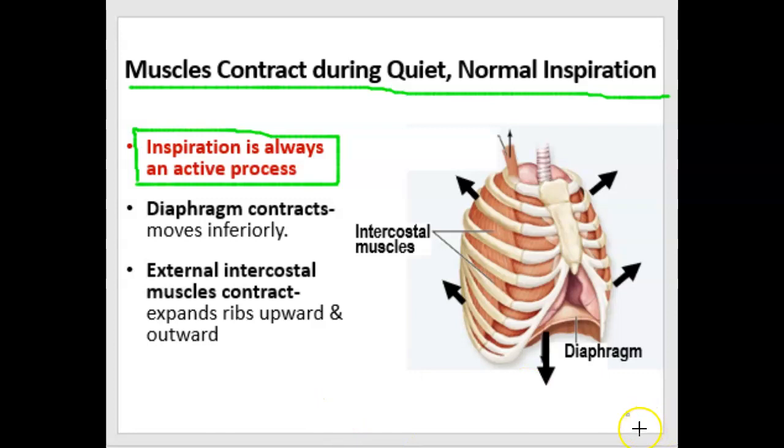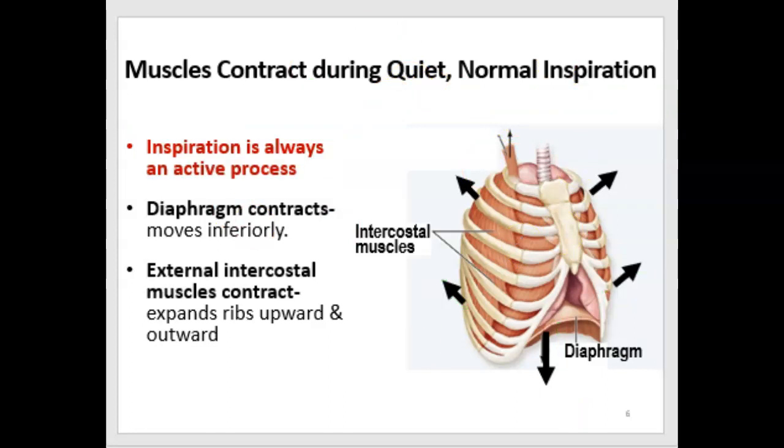And this is achieved by the diaphragm, which contracts and moves inferiorly, and the external intercostal muscles contracting. And that makes the rib cage kind of swing upward and out. So that's for normal quiet inspiration. That's what makes the thoracic cavity enlarge.